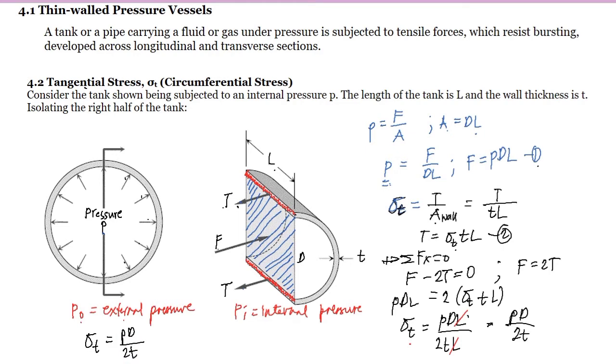So, we would have here the P will be the difference between the internal and the external pressure. So, we would have here PI minus PO multiplied by the diameter over 2T. So, itong formula na to at itong formula na to yung gagamitin natin in solving for the tangential stress.